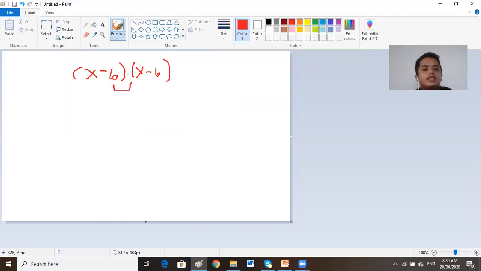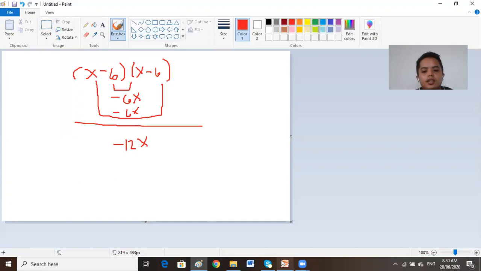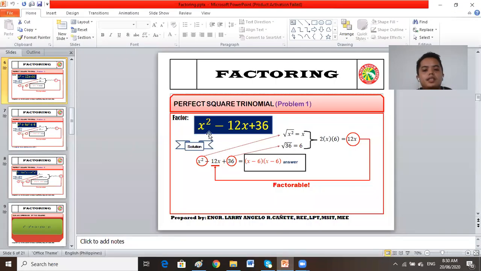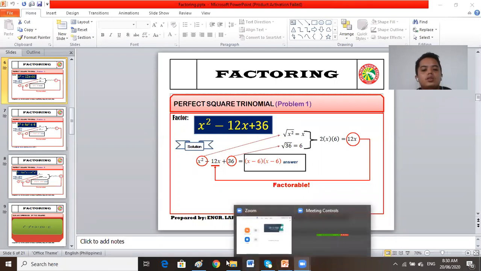Negative 6 times x is negative 6x, and this one is also negative 6x. Once you add, you should come up with negative 12x, which is your given middle term.